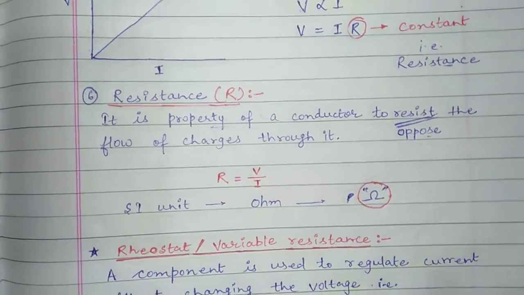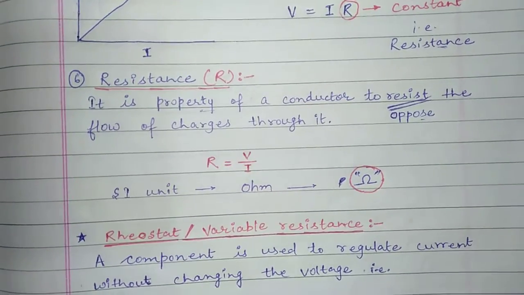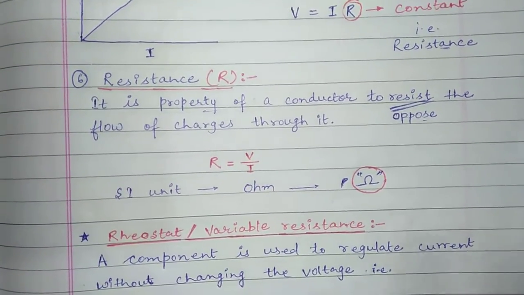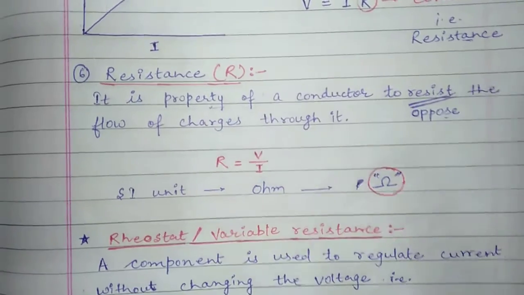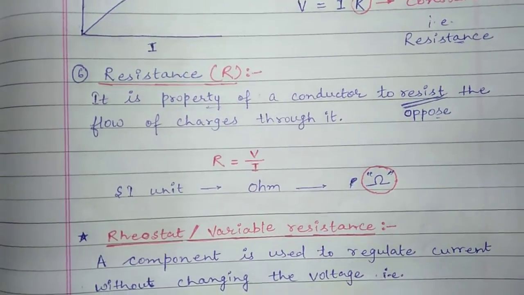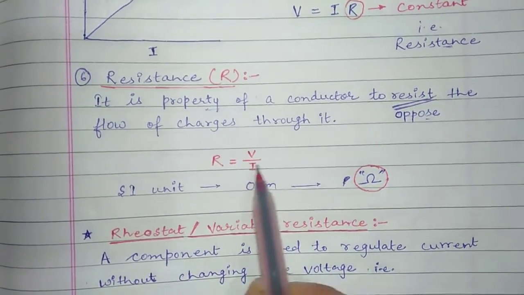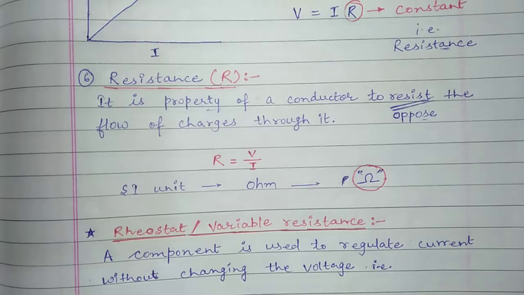Students, you know the friction force. Friction force is also a kind of opposition against movement. Similarly, here also this is a property which opposes the flow of charge, that is resistance.